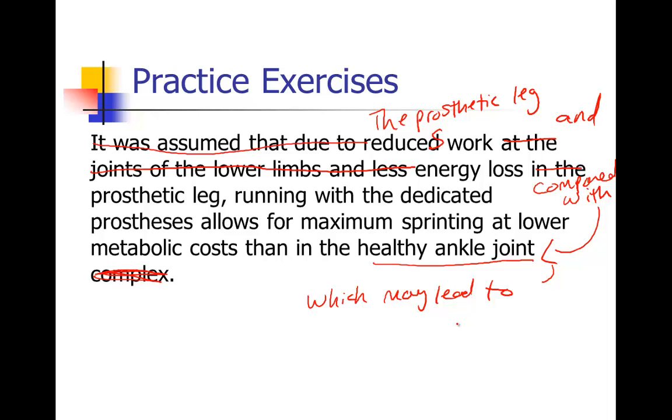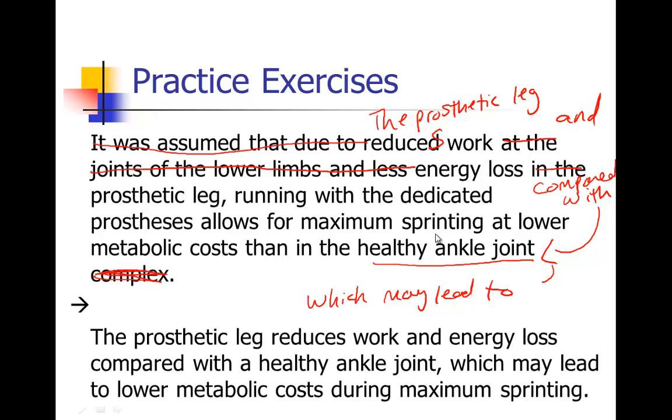So that may lead to these lower metabolic costs while maximum sprinting. And I'm just going to go ahead and show you the rewrite here rather than scribbling it all on the screen. So the prosthetic leg reduces work and energy loss compared with the healthy ankle joint, and that in turn may lead to lower metabolic costs, or that's the authors' assumption, what they think, may lead to lower metabolic costs during maximum sprinting.